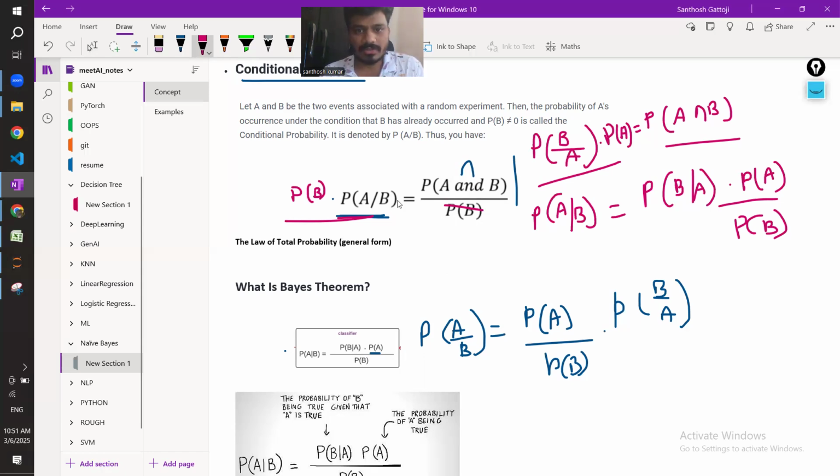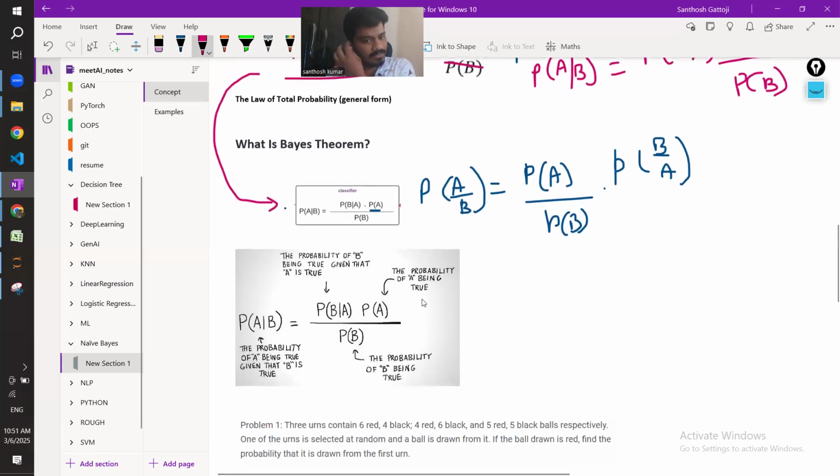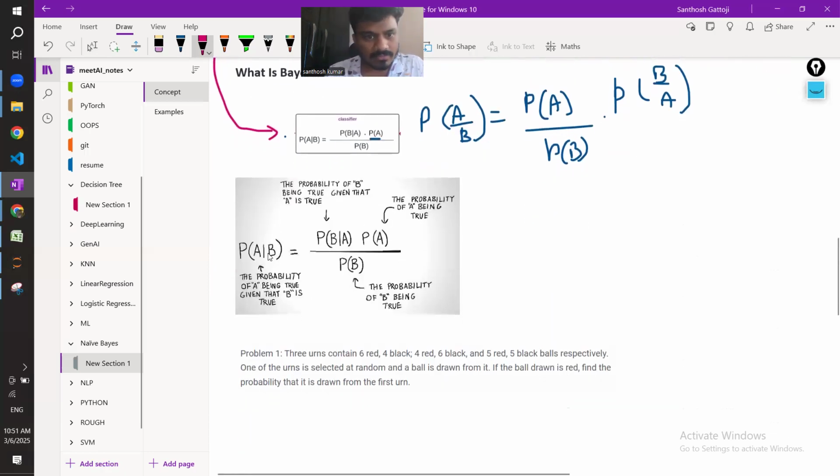Same thing, from here only we can easily derive this. So now this is Bayes theorem. Here, probability of A given B is the probability of A being true given that B is true, so B is already given.